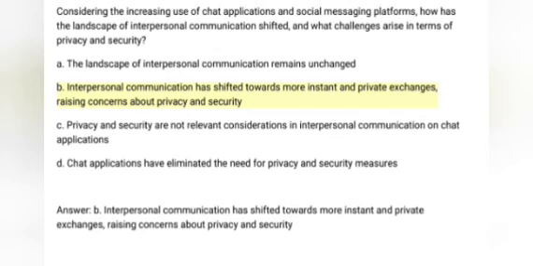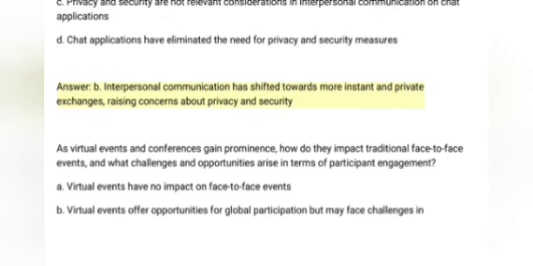C. Privacy and security are not relevant considerations in interpersonal communication on chat applications. D. Chat applications have eliminated the need for privacy and security measures. Answer. B. Interpersonal communication has shifted towards more instant and private exchanges, raising concerns about privacy and security.